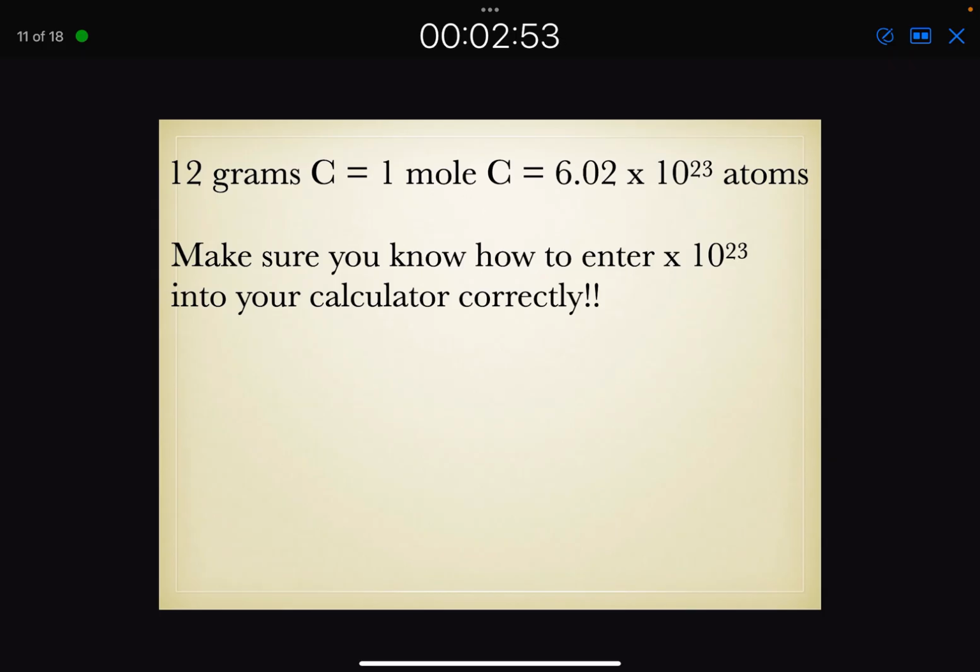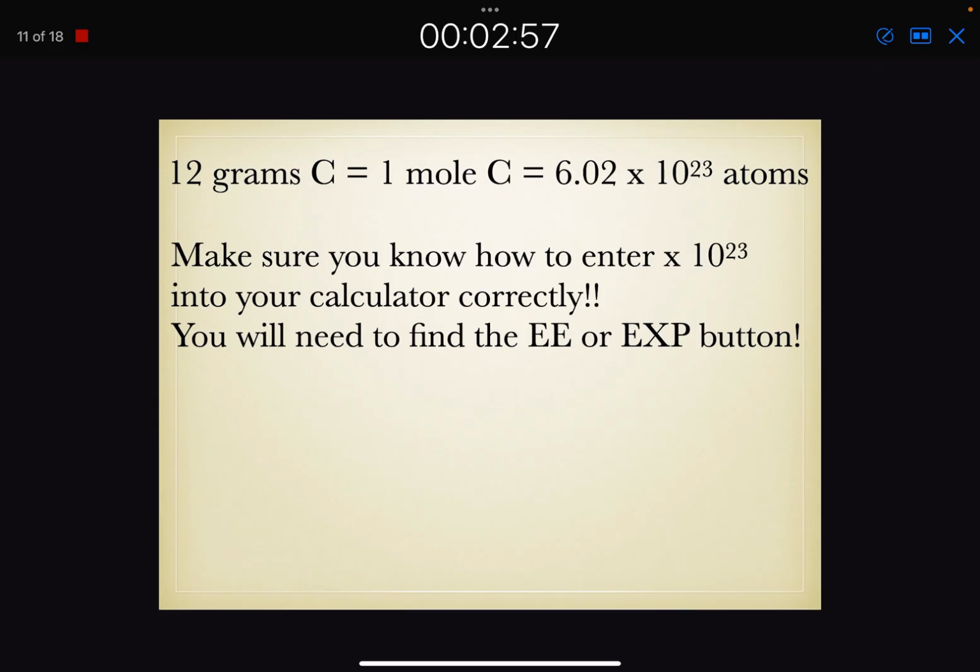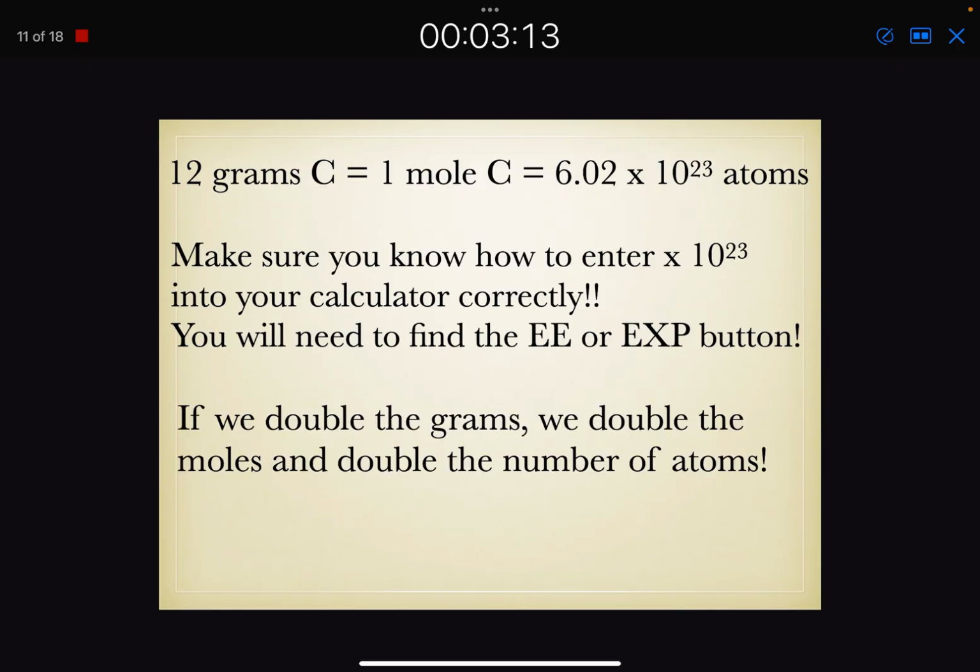Make sure you also remember how to enter the times 10 to the 23rd on your calculator correctly. That's going to be using the EE or EXP button. The classroom calculators use the EE button. Then you just enter EE 23. You don't type the 10 or the times.